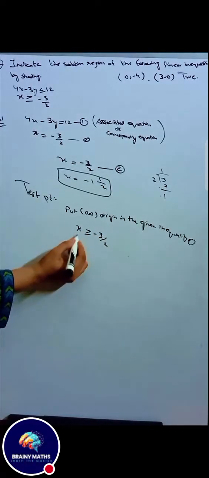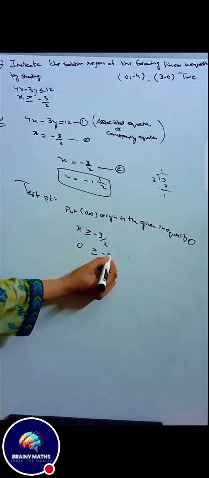Now the next step is the test point. In this we don't have y here. The test point is to put 0, 0, the origin, in the given inequality number 2. As you know, x equals minus 3 by 2. X is 0, so is 0 greater than or equal to minus 3 by 2?